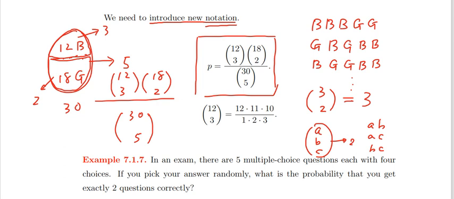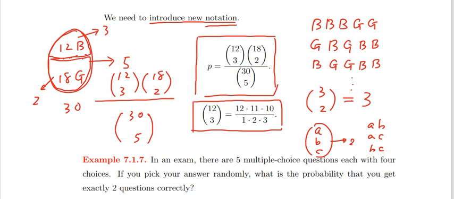So here we have a formula. In general, take from 13 choose 3, how many ways? The formula is: in the numerator we have 3 numbers multiplied together, starting from the largest number, 12 times 11 times 10. And in the denominator we also multiply 3 numbers, but starting from 1.